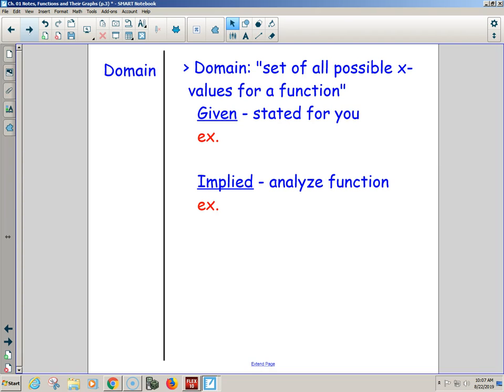Because domain, well, define domain. The best way to visualize it is thinking of a graph. You might be given equations, you might be given tables, but the best way to think of it is given a graph.